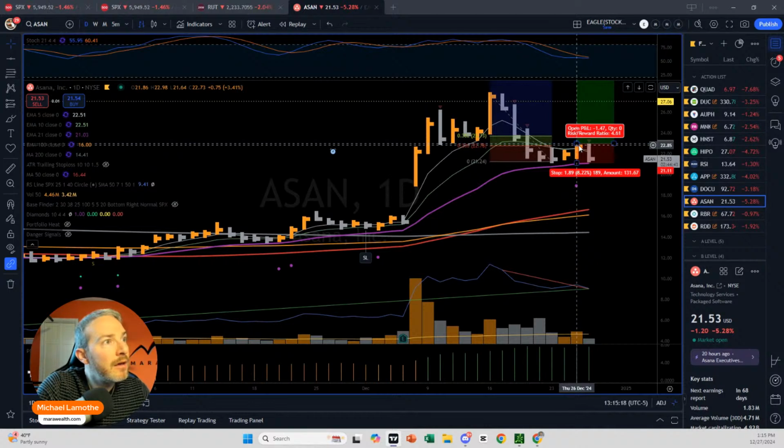So much of this game has to do with understanding where you're at in the market cycle. A big part of the way that you're going to understand where you're at in the market cycle is by looking at the trades that are setting up, monitoring how they move, and then sizing accordingly.